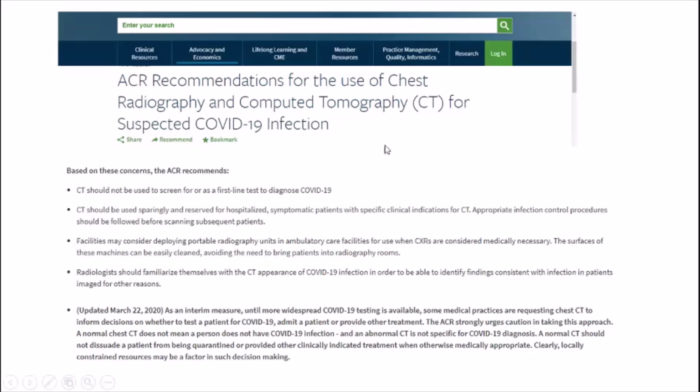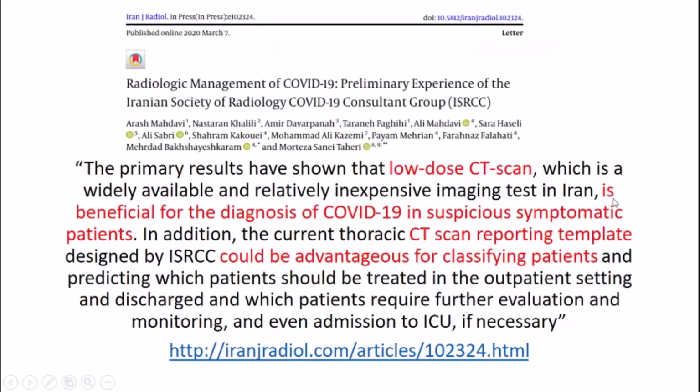I do agree with what they are saying here, that there's a big overlap between many other viral infections and COVID-19, so we cannot say CT is specific. It's sensitive but not specific. So I understand their concerns, but maybe we can do what the Iranians did.